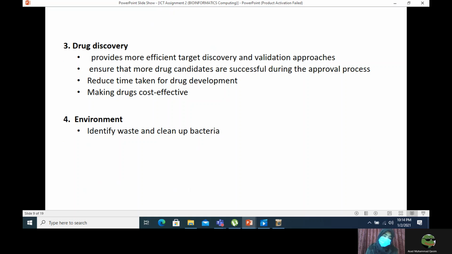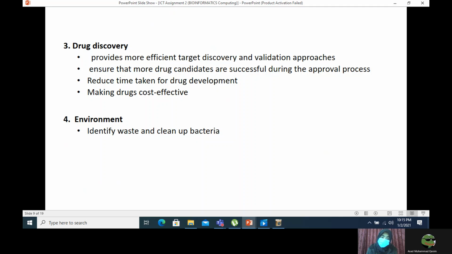Number three, drug discovery. It can also be used in the field of drug discovery by developing new kinds of drugs in a small amount of time, and making drugs cost effective by not using very costly ingredients, or making them ourselves.